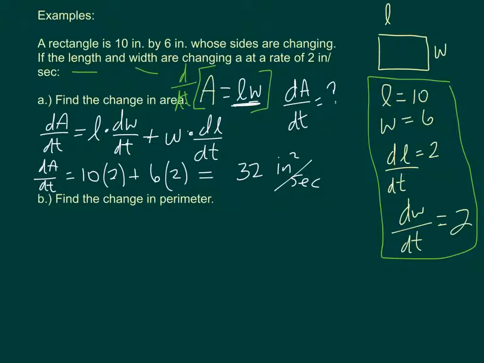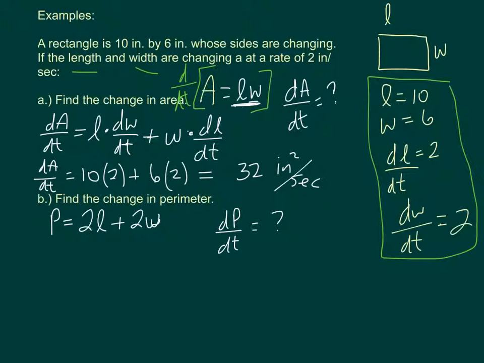Okay, so the second part, if I want to find the change in perimeter, well, I'm going to need a perimeter formula. Perimeter of a rectangle. This is 2 times the length plus 2 times the width. And what we're looking for, I want to know the change in perimeter. This is what I'm trying to find, dp dt.